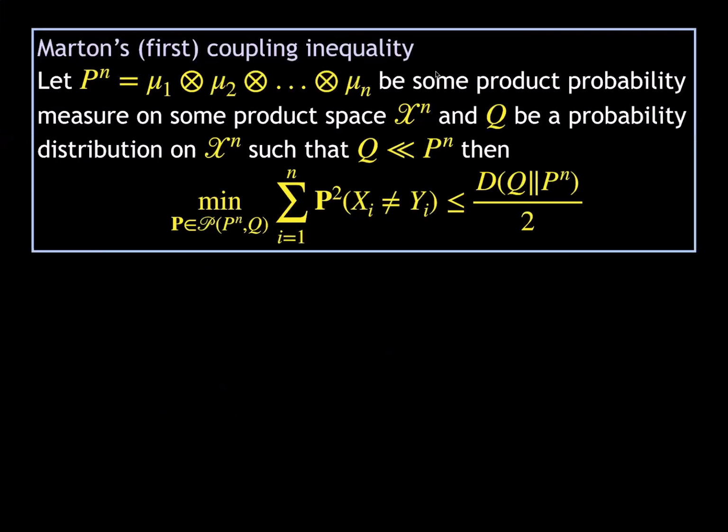Okay, so by essence, what we have to do is to build a coupling. And the way we shall do that is, as announced, by using the chain rule. The chain rule will be our guide to build the coupling.